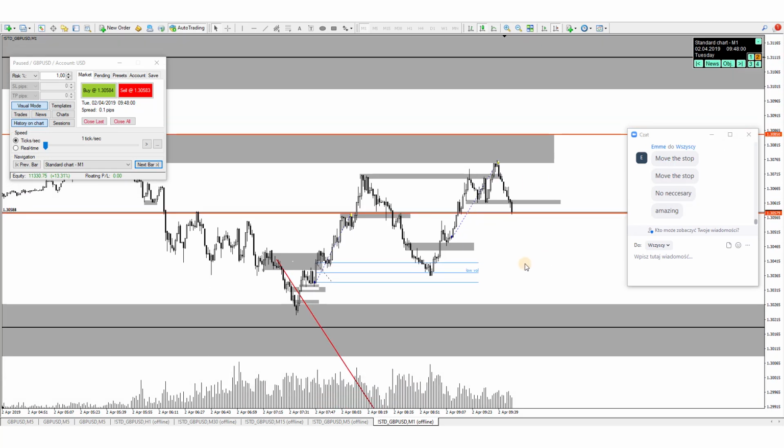I prefer to use the imbalances. Maybe here was one like this. That's why we have a small candle here. Yeah, maybe with footprint I will join here, but with footprint. Right now I'm just happy after 13%.